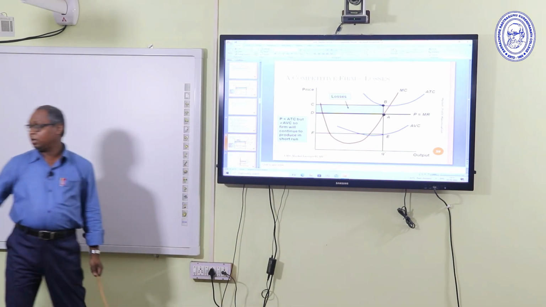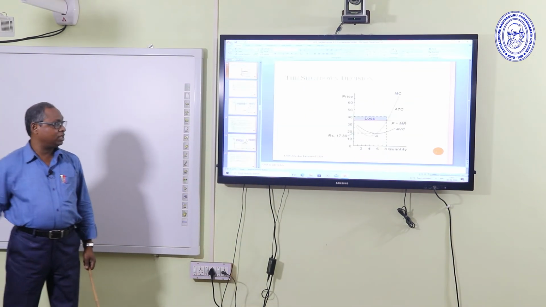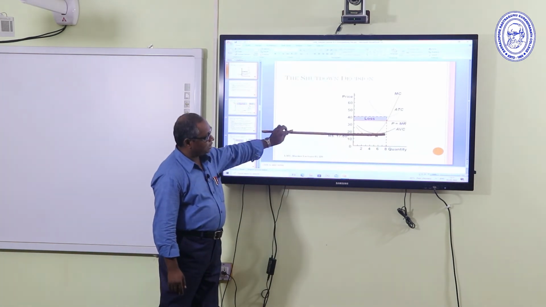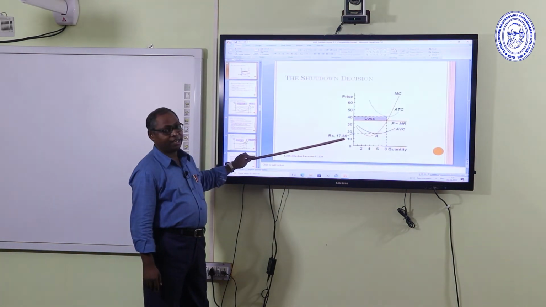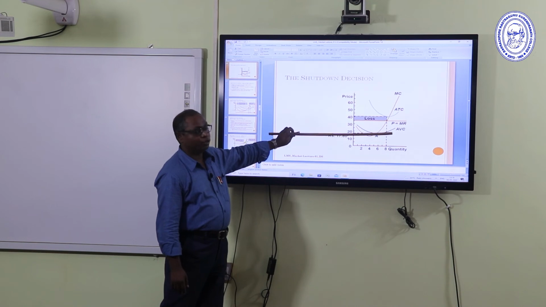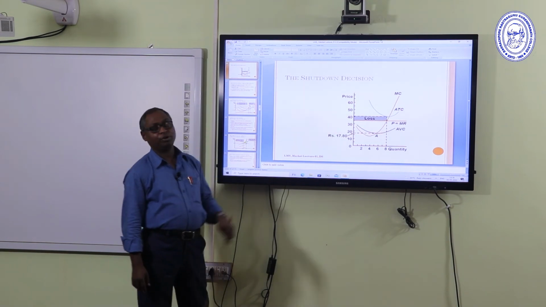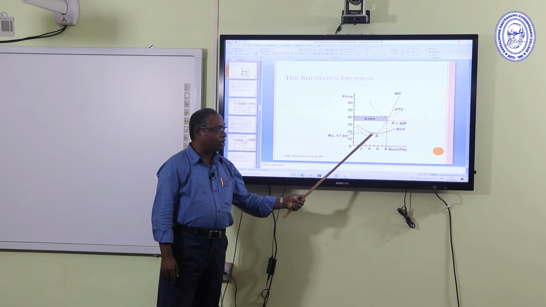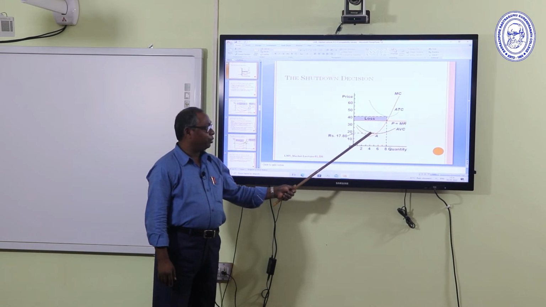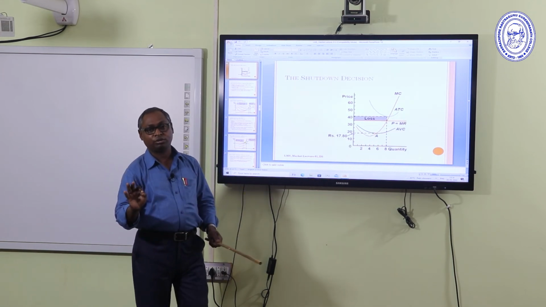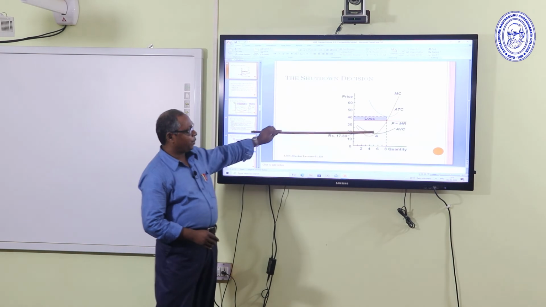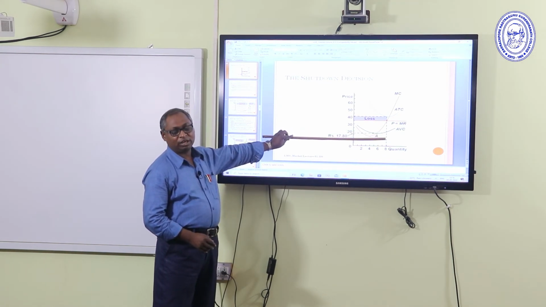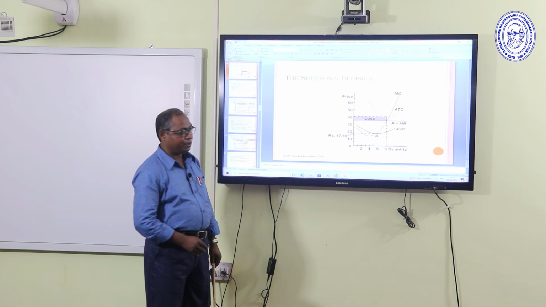So this is explained here in this figure. Again, if the price line, say the price is below 7.8, which is point C, then the firm will stop production. So this should be the shutdown point, below which the firm will not produce anything. If the firm produces at a price below 7.8, then what will happen?